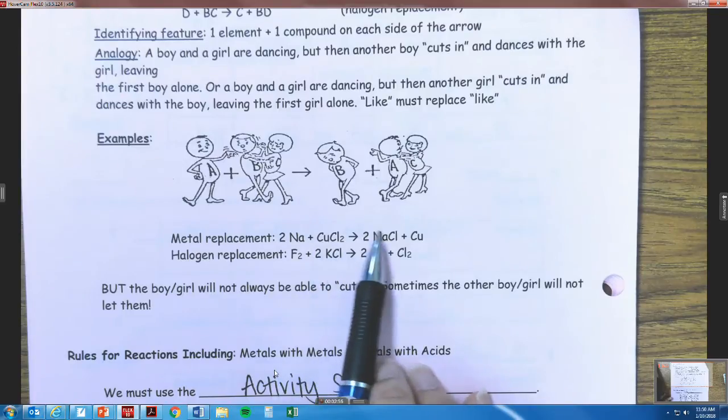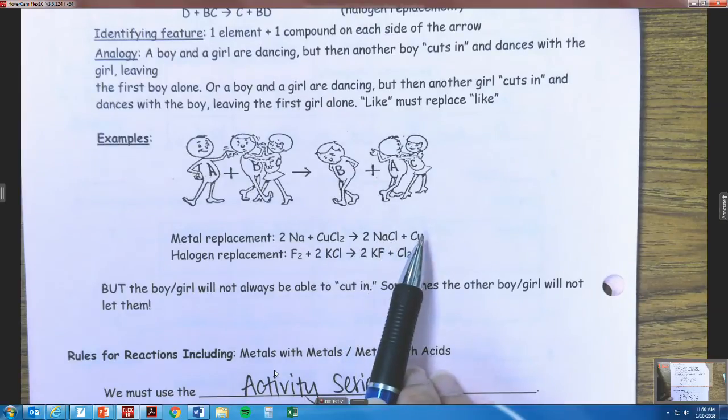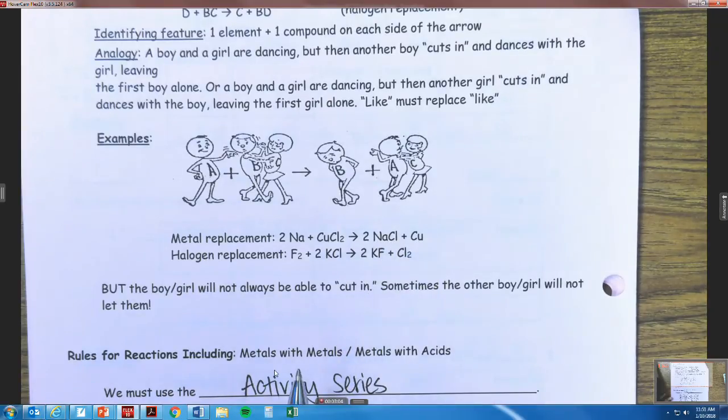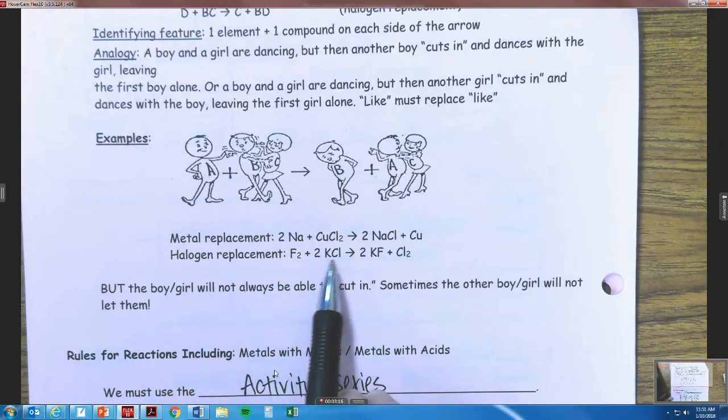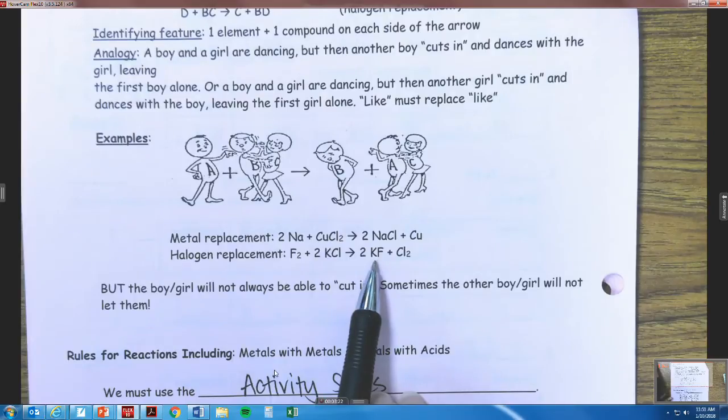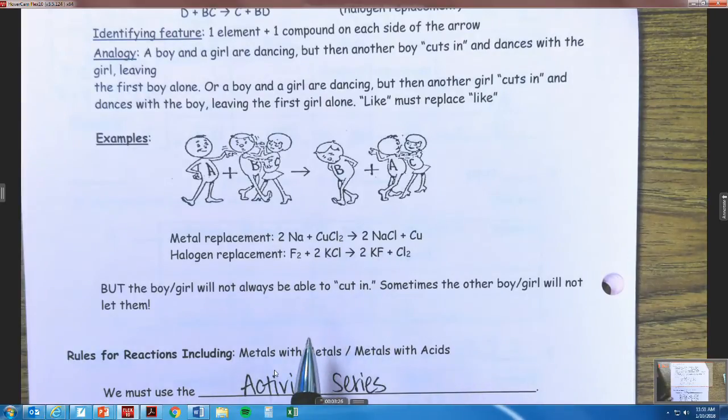So you'll see as your product, sodium is now the one that's with chlorine, and copper is the one that's all by itself. If we take a look at a halogen replacement, fluorine is your halogen, so it's going to replace the other halogen in this compound, which is chlorine. Chlorine and fluorine switch places, and now fluorine is the one that's with potassium.